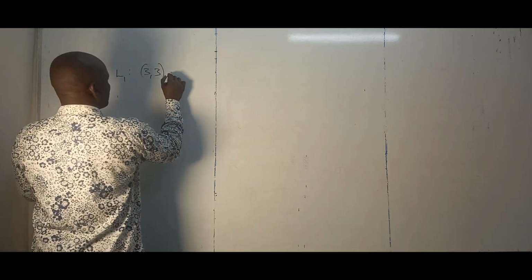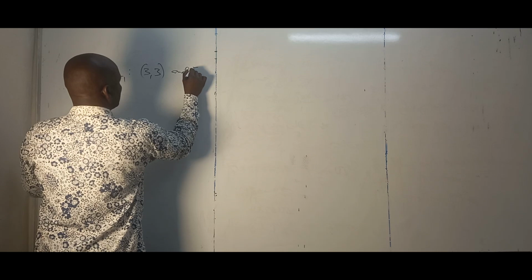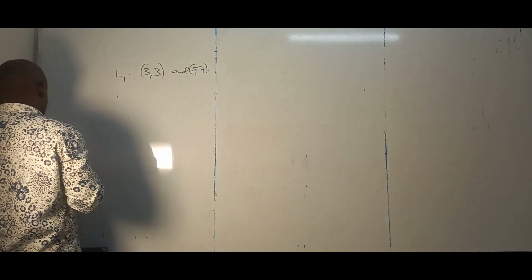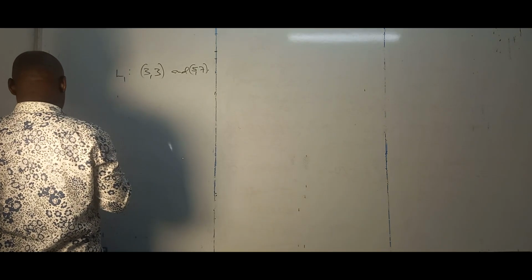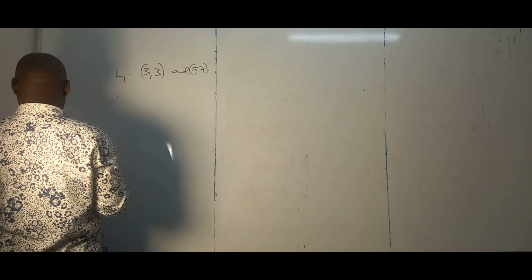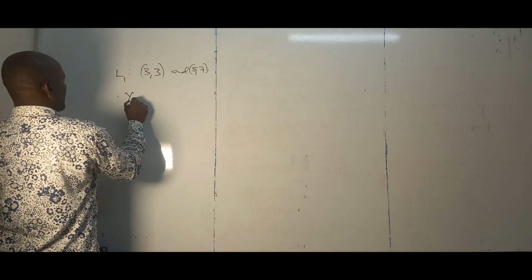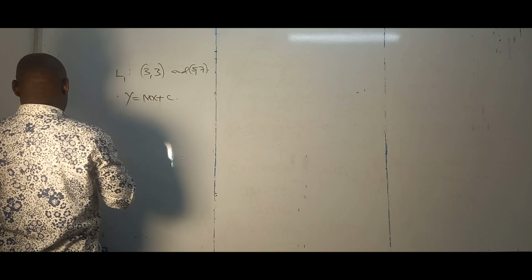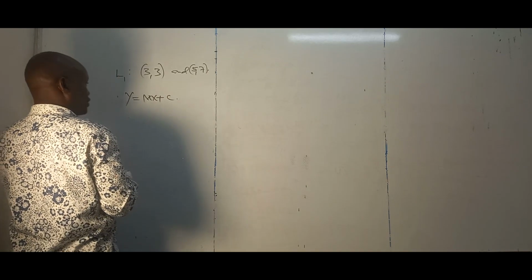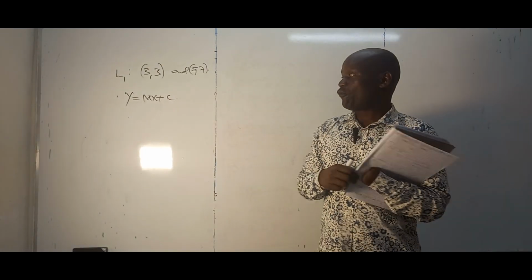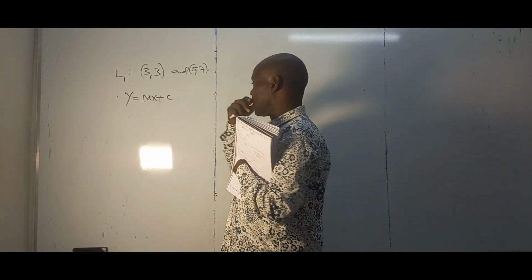Find the equation of line L1 in the form y = mx + c, where m and c are constants. So part A, that's what we are asked to do, to find the equation of this line.